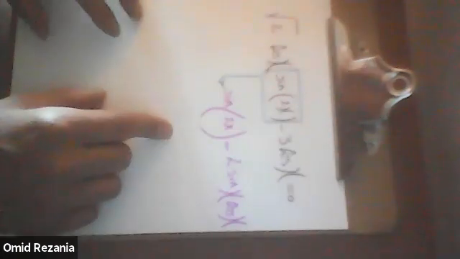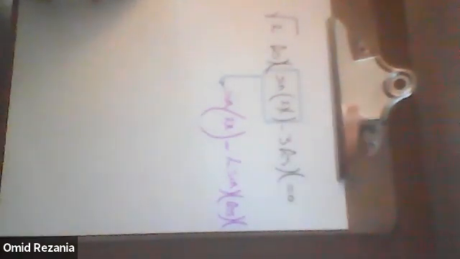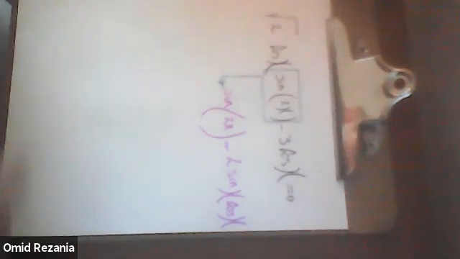Everyone remembers this identity, huh? Looking for my black marker, which seems to be missing now. Where did I leave my black marker? No problem, I use a different color.